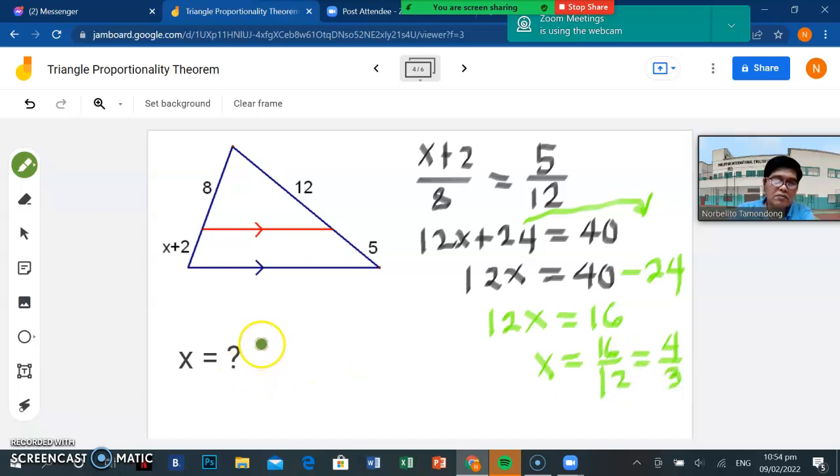Anyway, what we are solving here is the value of x. So x is equal to 4 over 3.